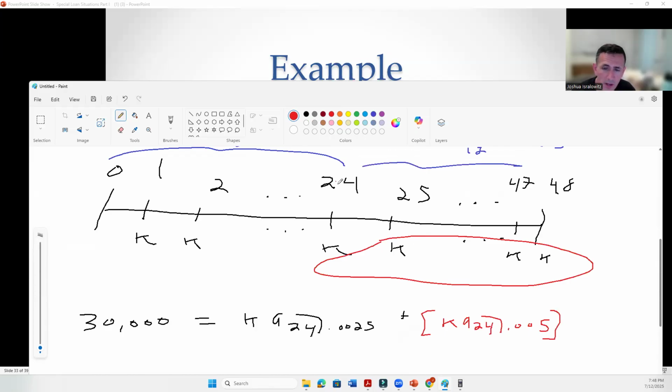But that gives me the present value. So this is payments 25 to 48.